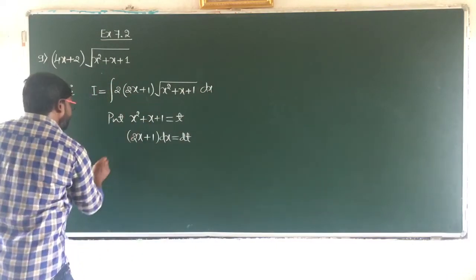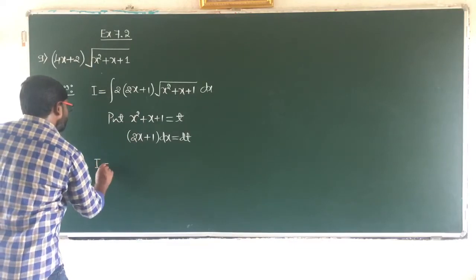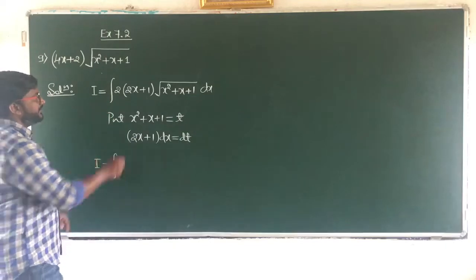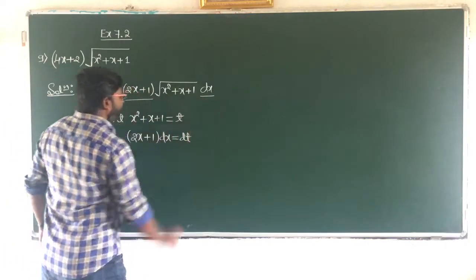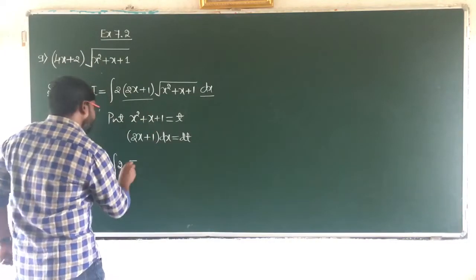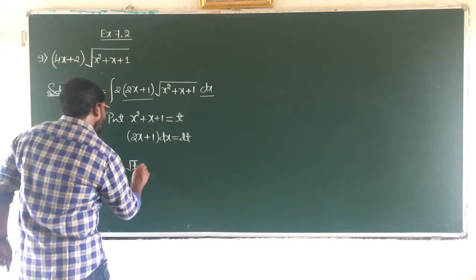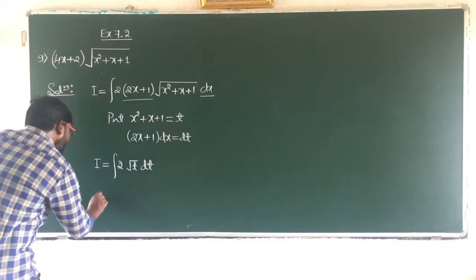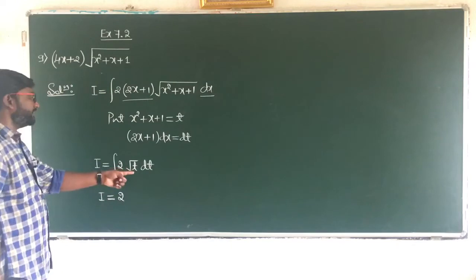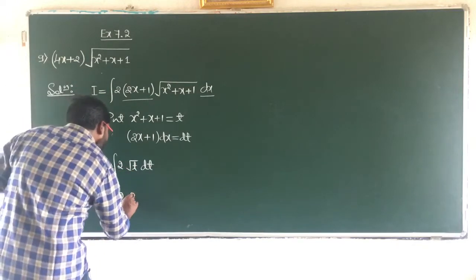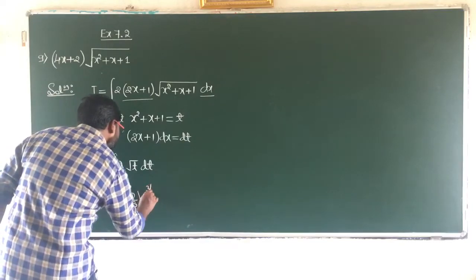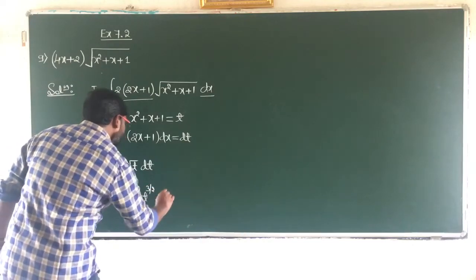So rewrite the integral. I is equal to the integral of 2, I write it as it is. Then 2x plus 1 dx will be dt, then into the square root of t, root t dt. So now I is equal to 2, write it as it is, then the integration of root t will be 2 by 3 into t raised to 3 by 2 plus c.